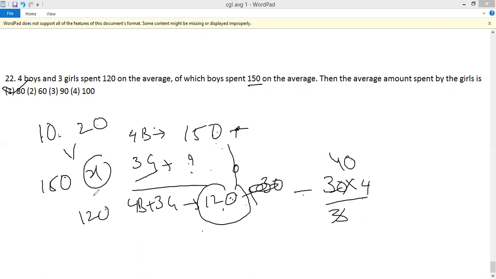So this must be less than 120. How much? 120 minus the difference, 30. 30 more for this one. 30 into 4, divided by 3 for the 3 girls. Right. This is the answer.